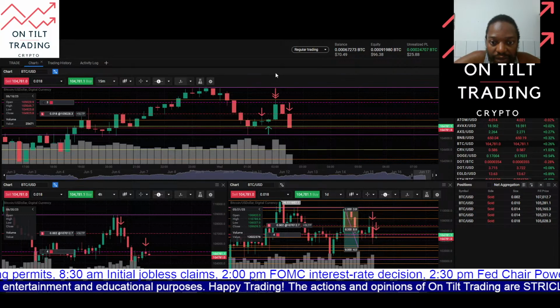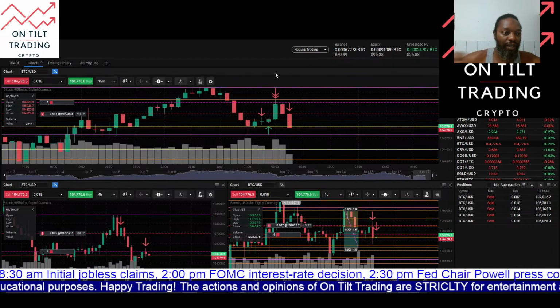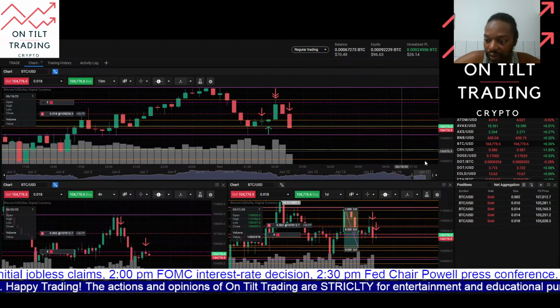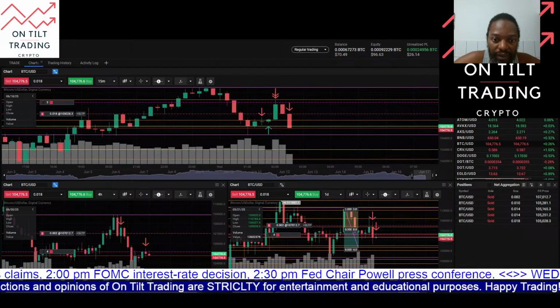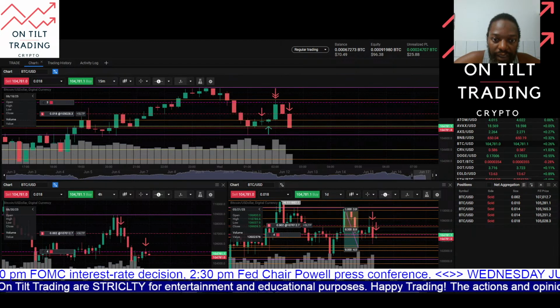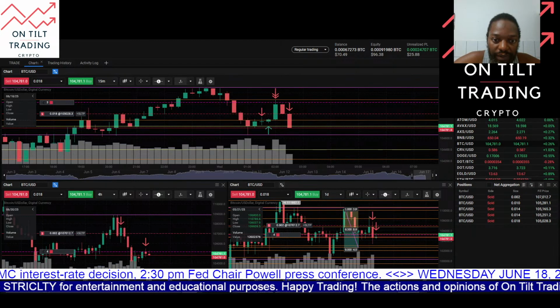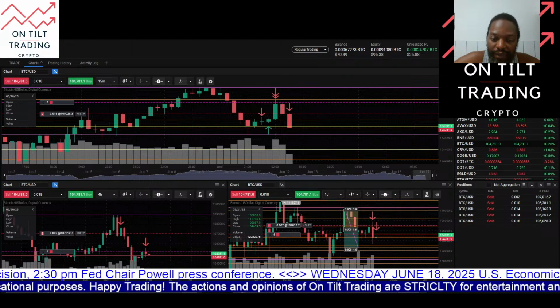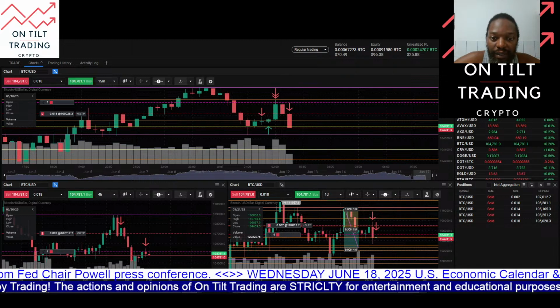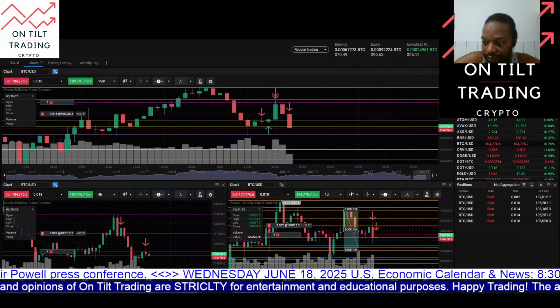So getting some displacement here on the 15-minute chart. And if you see the candles here, this would be a sell. This would be an order block, a bearish order block here on the 15-minute.